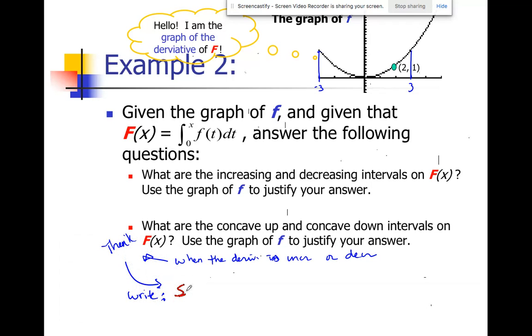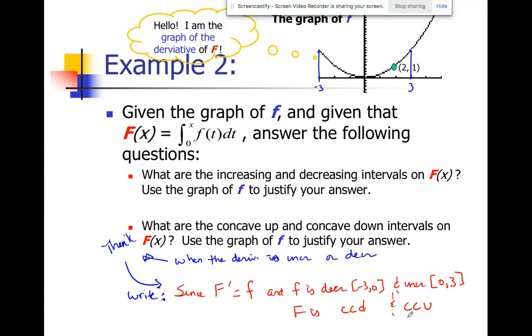Since the derivative of the graph I don't see is the graph I see, on those intervals, right? I could write that a little bit better, but I'm saving time, right?